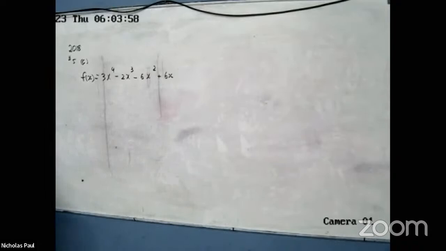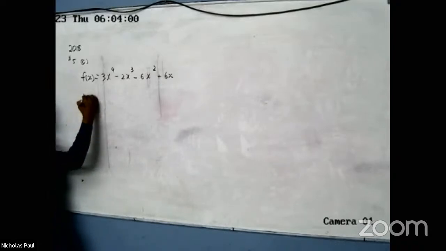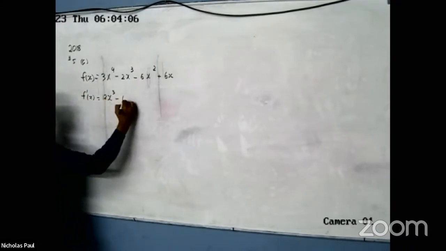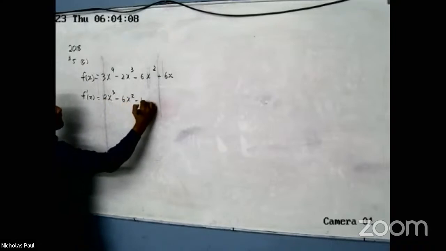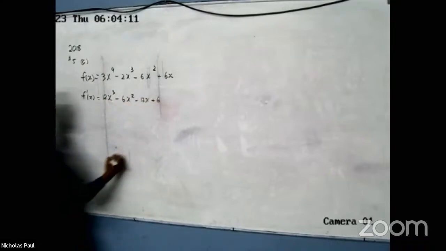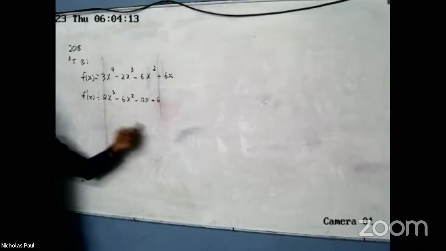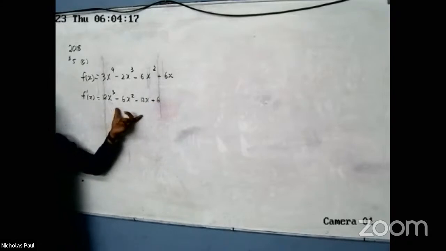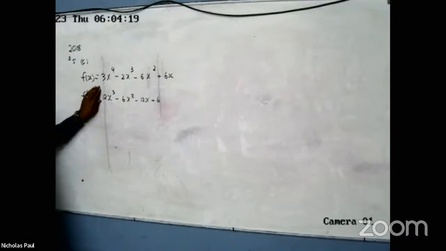Finished? So you should have the first differential already, which is 12x cubed minus 6x squared minus 12x plus 6. Please don't try to divide by 6 to make it look easier. This is an expression. Only when it equals 0 can you do that. When it's an equation, you can do it.